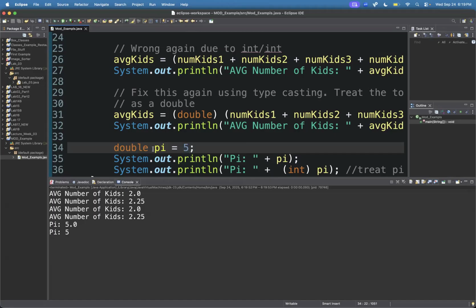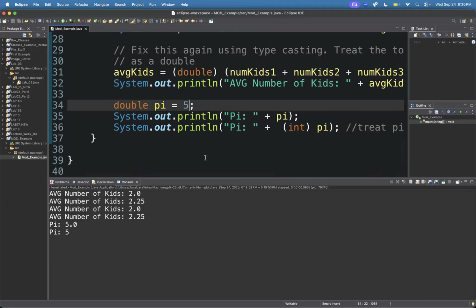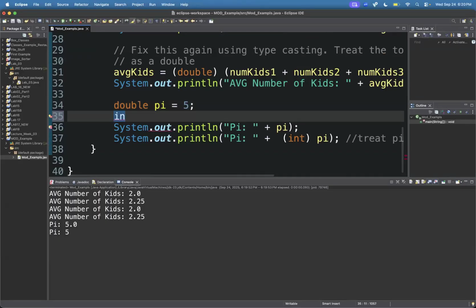And pi is a double. But there were no issues here because an integer can be turned into a double without any trouble. The other way around can't happen though.